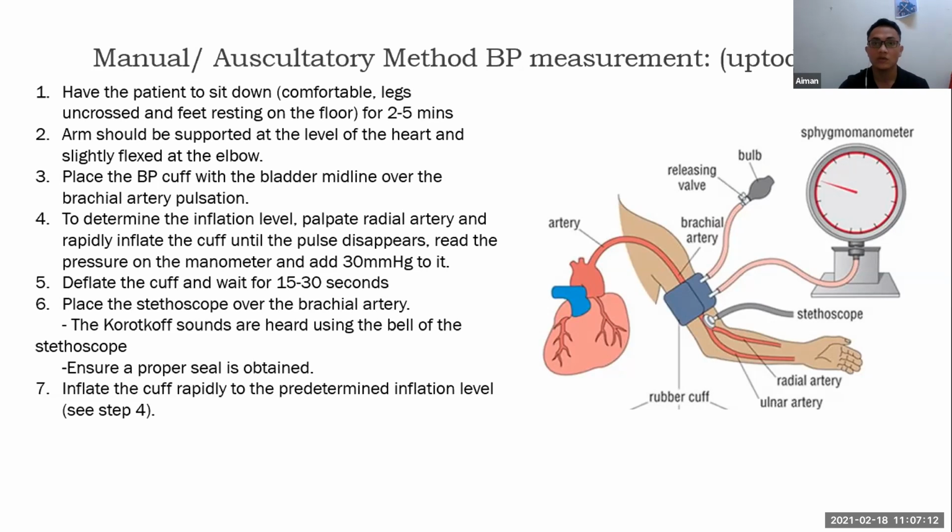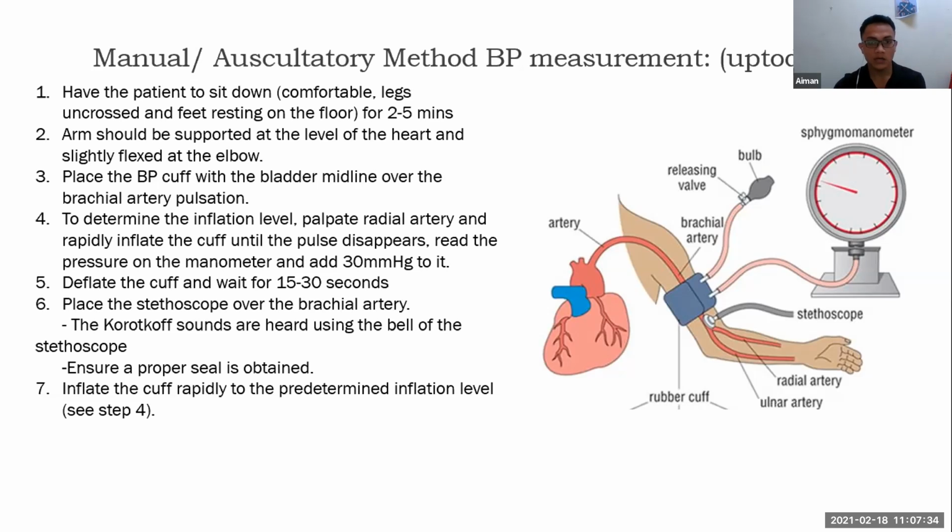And then we have to make sure that there is no tight clothing, no long sleeve, or if there is a long sleeve, we cannot just roll the sleeve up the arm, because we want to make sure that we take the blood pressure precisely.